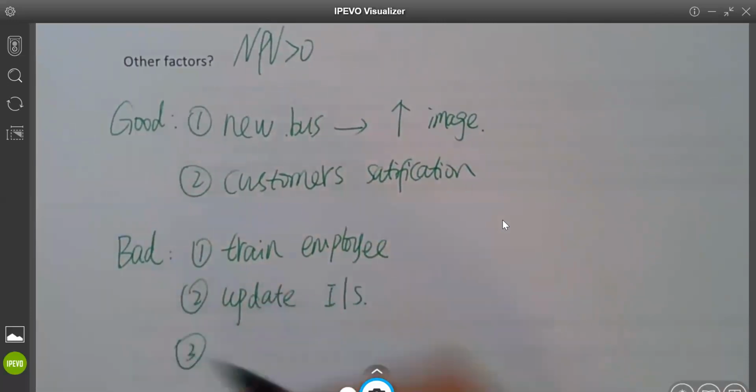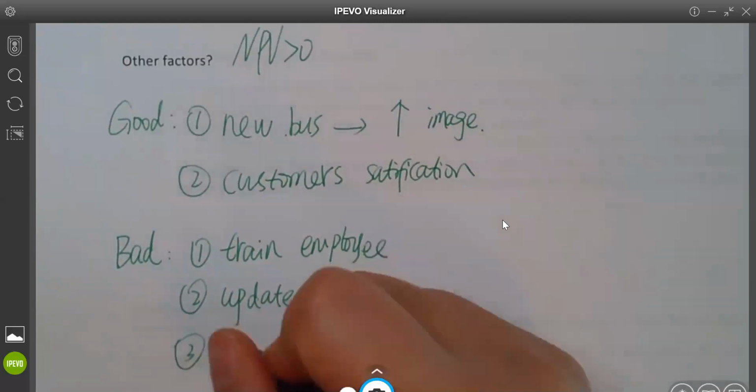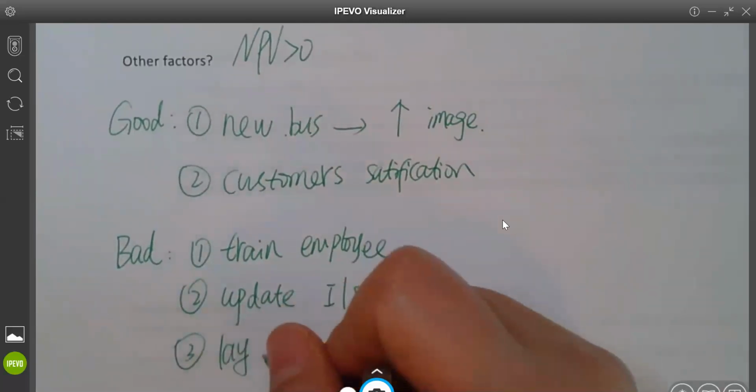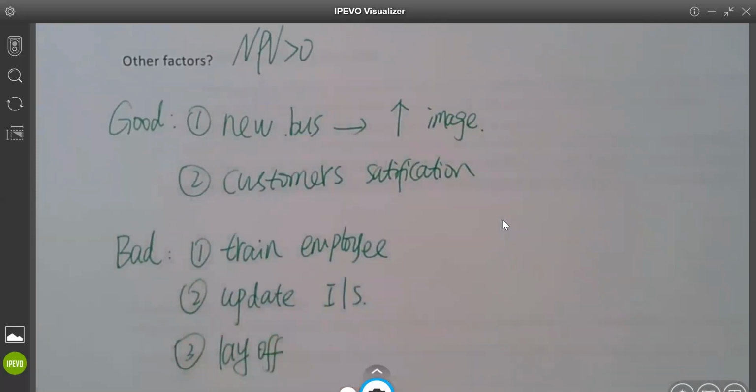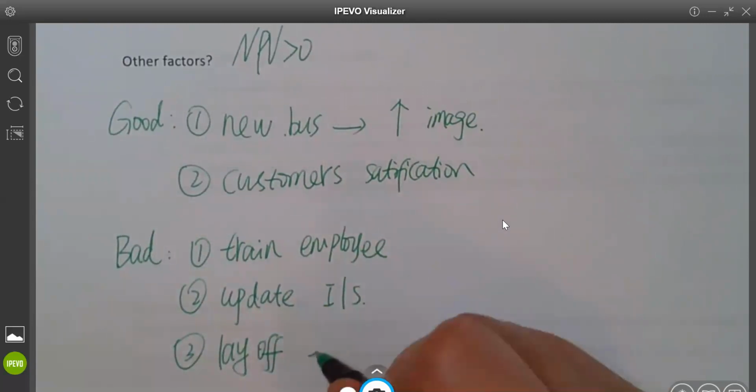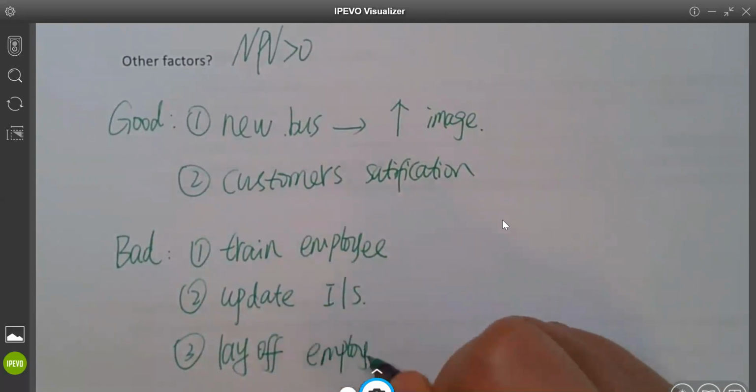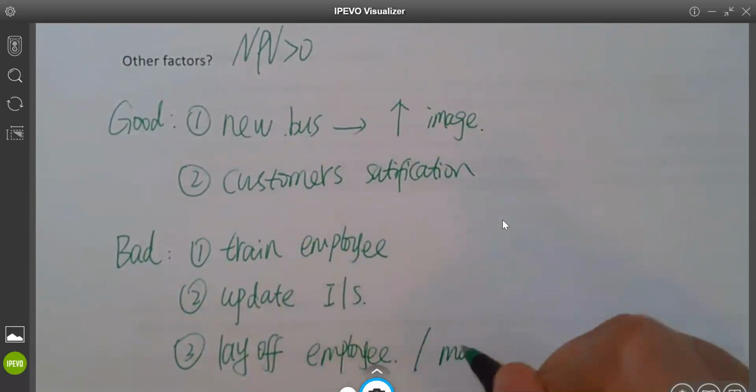Another reason is that because it's so efficient, maybe it will be AI and can drive by itself. So we don't need a driver or other people working there. We might have to lay off some employees, and that may hurt employee morale, something like that.